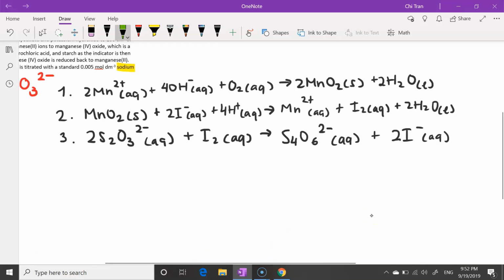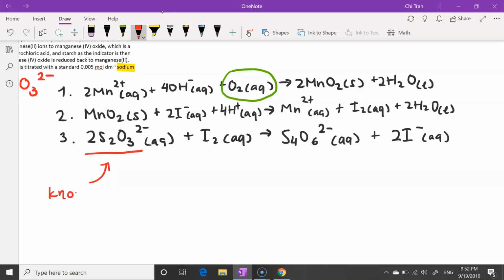And the second part of our question is to find the concentration of oxygen. We already know the concentration and volume of our sodium thiosulfate solution, and from there, we can work backwards to find the concentration of oxygen. So we know that 2 thiosulfate ions react with 1 iodine molecule.